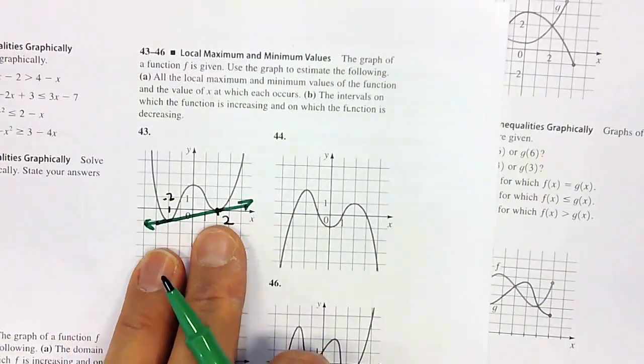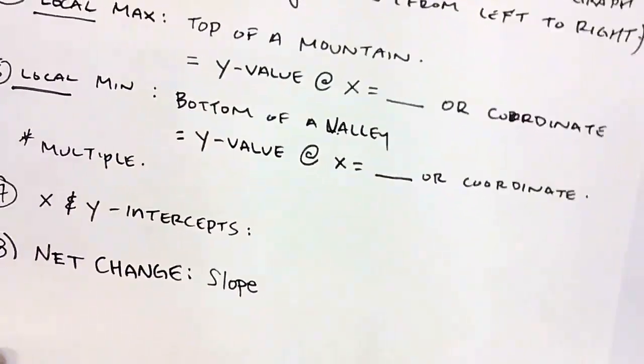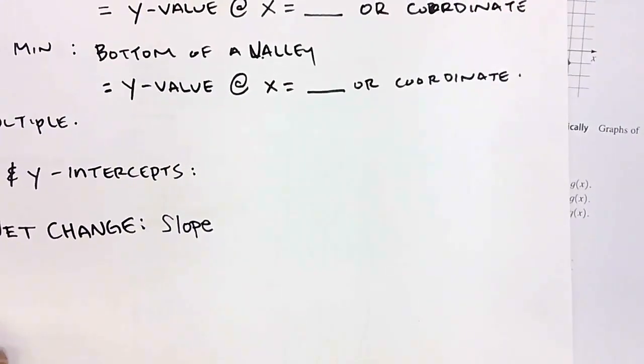So it's nothing new. It's just different terminology and a different way of approaching it, right? Okay, questions on that? So your net change or slope is the same thing.